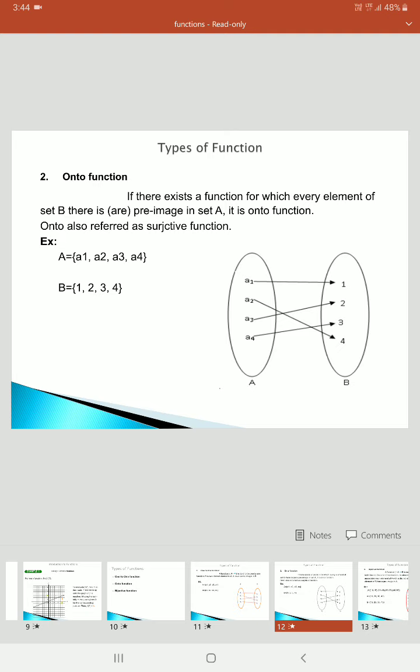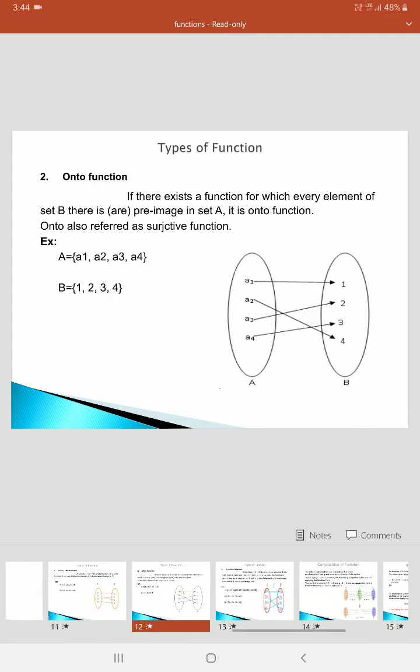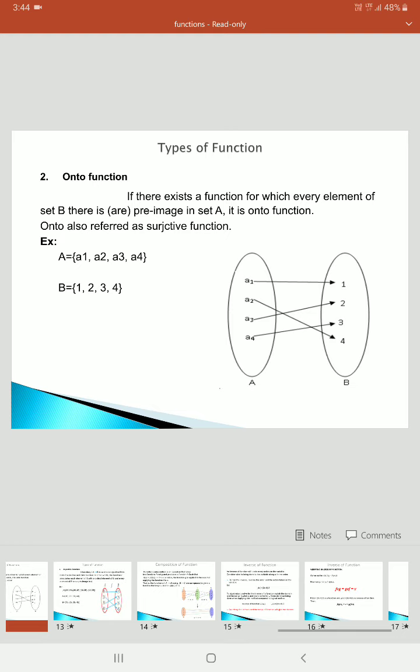If there exists a function for which every element of set B has a pre-image in set A, it is an onto function. Onto is also referred to as surjective function. For an example, A1, A2, A3, A4 and set B equals B1, B2, B3, B4, and see the figure.